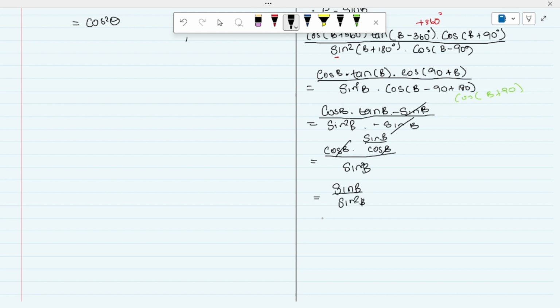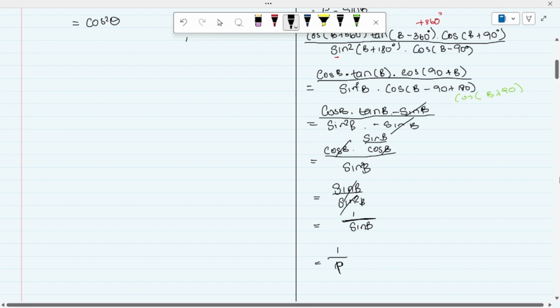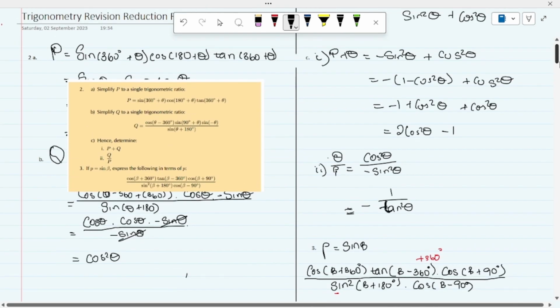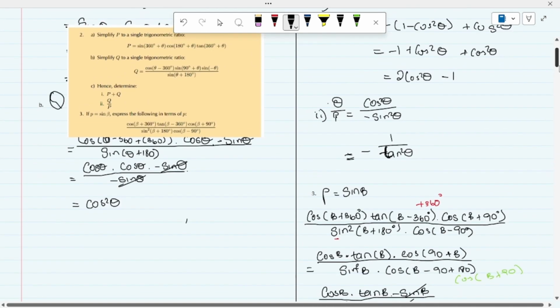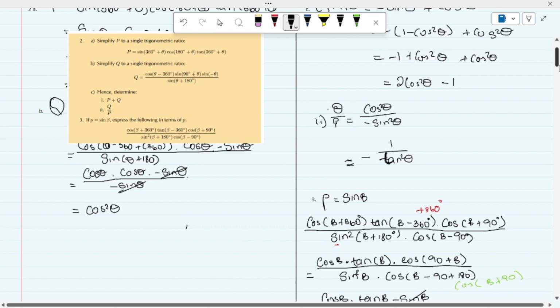Right, so these two are going to cancel each other out again. You're going to be left with 1 over sine beta, basically, which is 1 over p, because you're given that sine beta is equal to p.